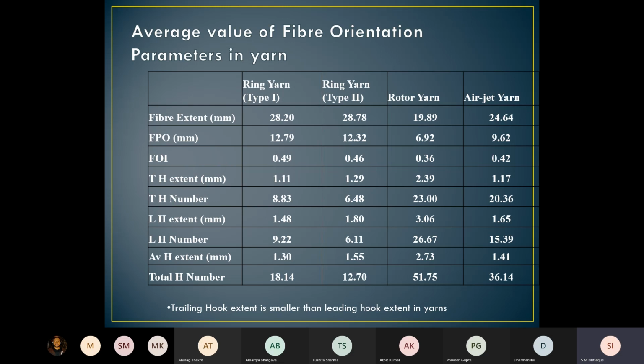So machine parameters are responsible to change the orientation of fiber in the yarn, and this orientation of the fiber is responsible for the properties. So you have to always explain how a particular machine parameter is going to change the structure of the yarn, and how the structure of the yarn ultimately is going to influence yarn properties. So I will take this tomorrow.